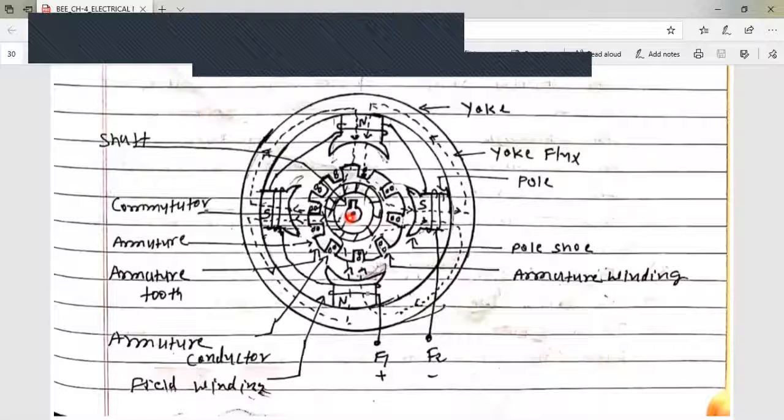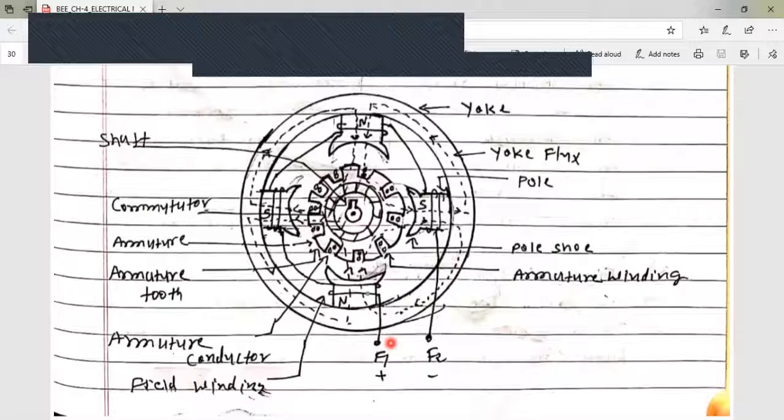So above the shaft there is the commutator, and the armature is above it, and the field winding is mounted on the pole. Okay, so this is the construction of a DC machine, DC motor or DC generator.